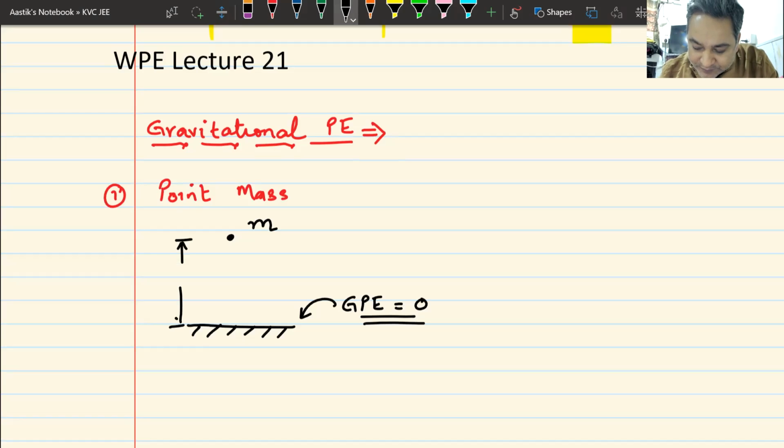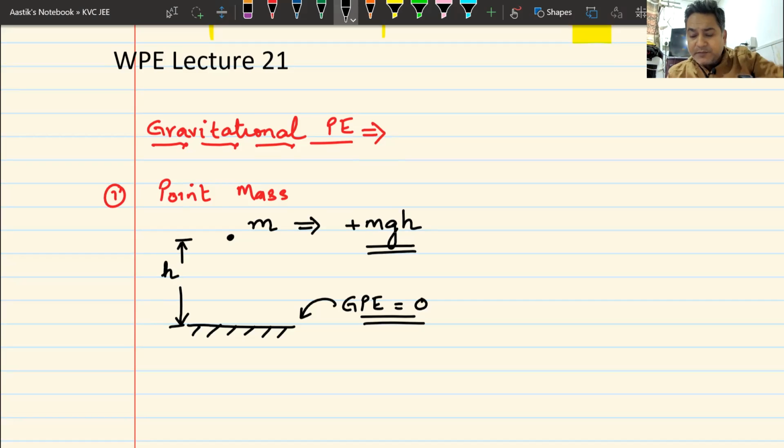At a height h, if this point mass is located, and if I assume that the potential energy of ground is 0, then the potential energy of this point mass at a height h is plus mgh. We all know this, we have done problems on this. If this point was below ground, it would have been minus mgh. We all understand this? Can I have some raised hands?